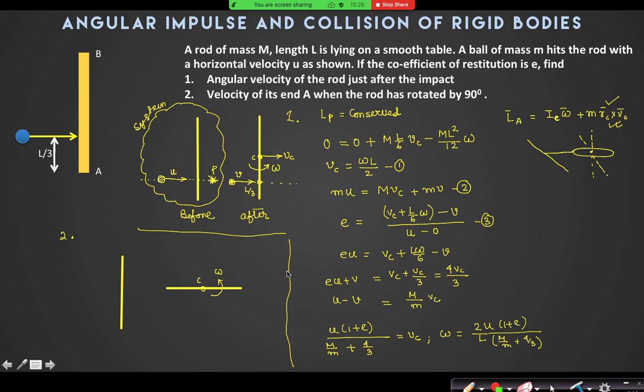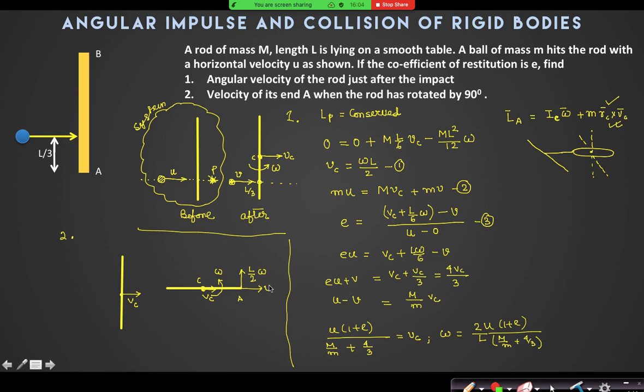It remains the same. If it remains the same, then with respect to center of mass, the velocity of A is equal to L by 2 omega only. And the velocity of center of mass, will it change? As there is no external force on the rod now, the collision is over, so the velocity of center of mass does not change.